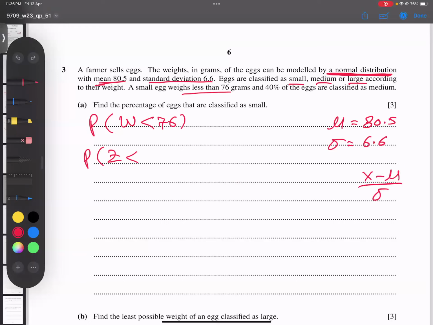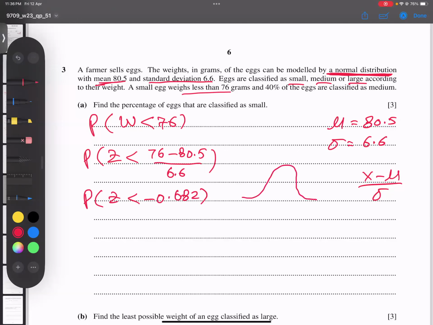So let's apply: 76 grams minus 80.5 divided by 6.6. Let's type this in the calculator. When I type it in the calculator, it is coming negative 0.682.